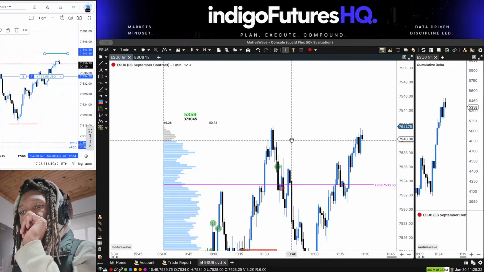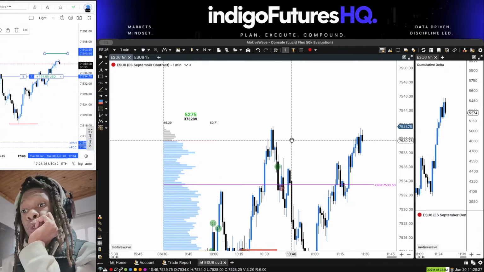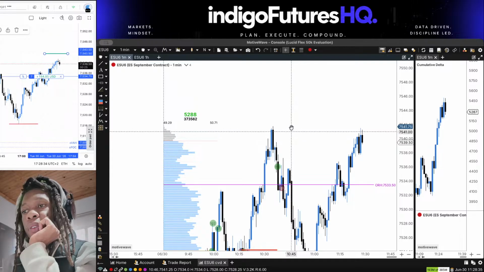But yeah, not really a clean break. We need a full candle close above this value area high, because this barely even swept the top of the last high, 541.75.